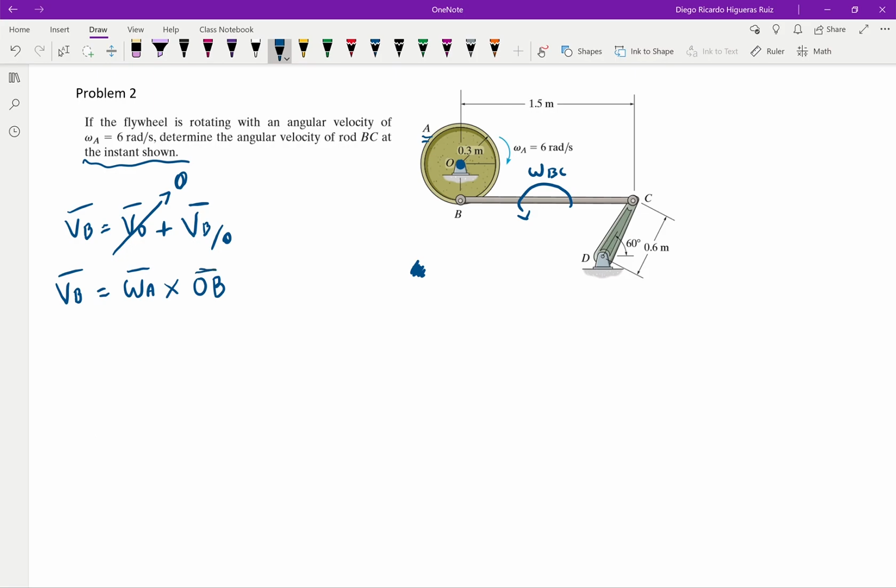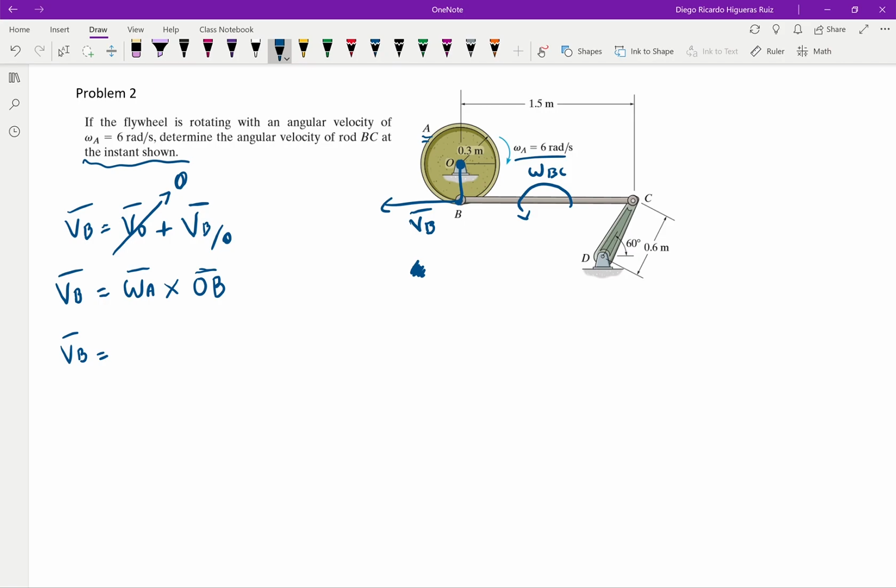So we can do our cross products again, but also if you want, we can actually multiply this length times this angular velocity, and that's gonna give us a VB that goes just like that.